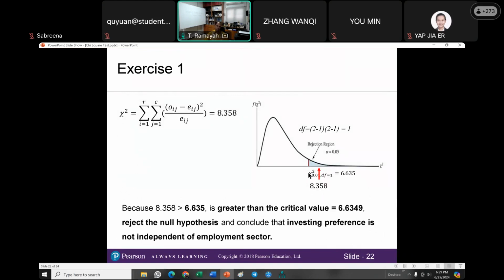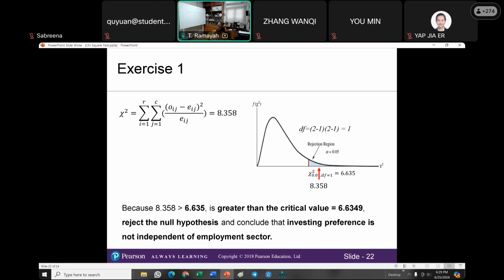This is the cut-off value, the critical region. And the calculated value 8.358 is actually greater than 6.635. Since 8.358 is greater than 6.635, we can reject the null hypothesis and conclude that investing preference is not independent of employment sector.